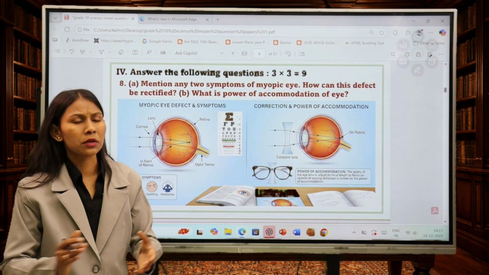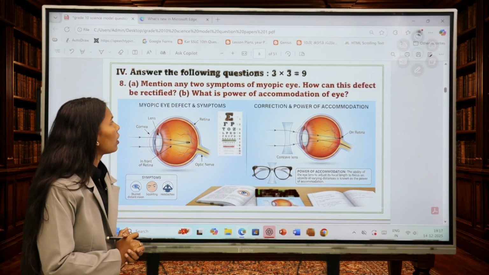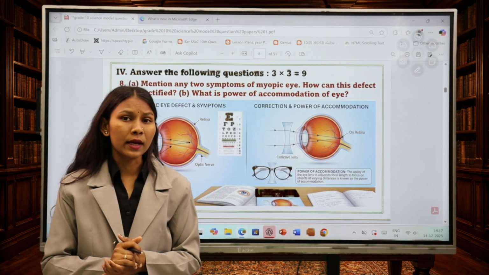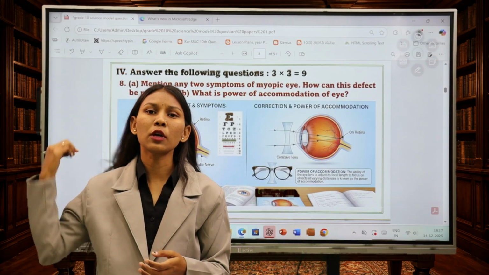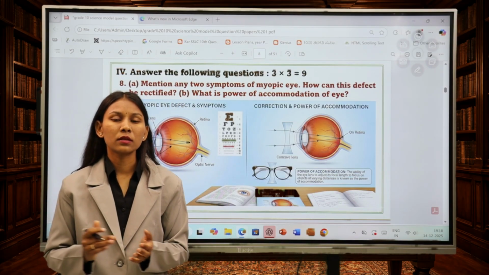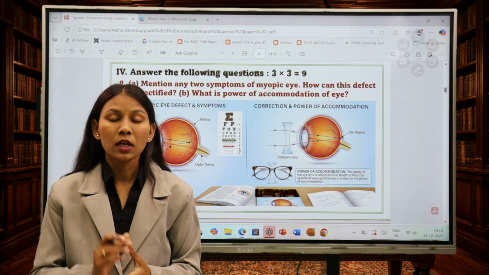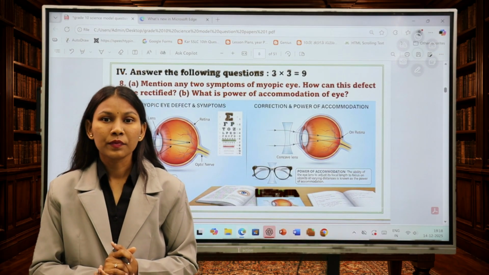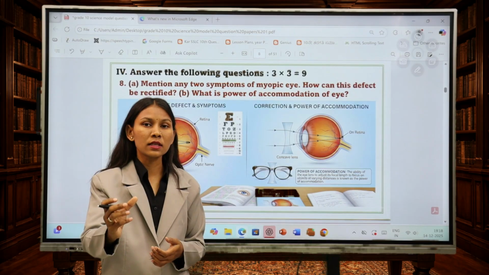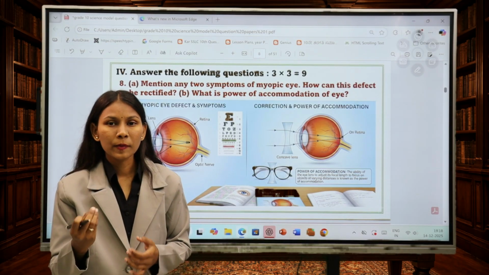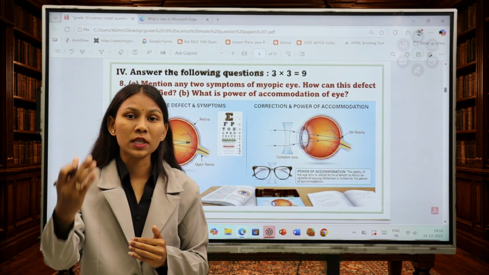Okay, first one, that is symptoms of myopic eye. As you all know, what is myopia? What is this defect? In general form, it is also known as nearsightedness, where a person can see near objects properly but cannot see far objects distinctly.